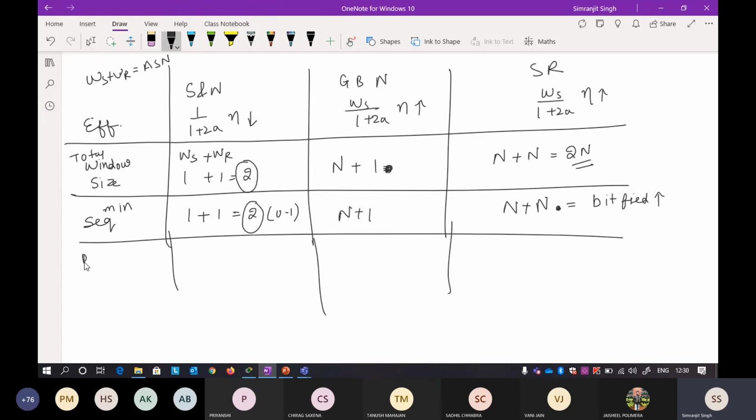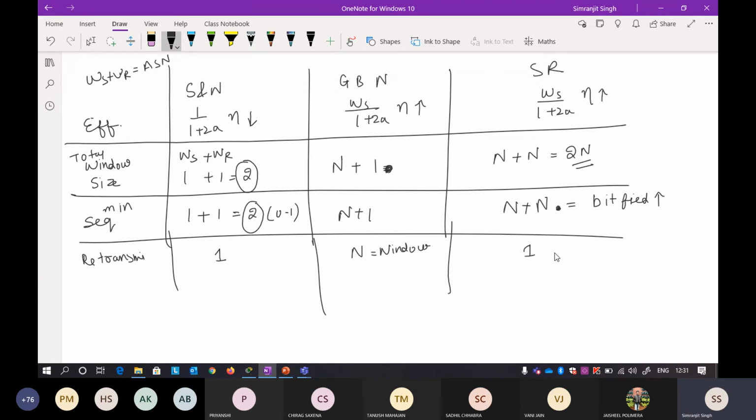Now, retransmissions. In stop and wait, if you do not get the acknowledgement, you only transmit the same packet again, so it is 1. In GBN you have to transmit the whole window. If the window size is n, the whole window will be retransmitted. In SR you only transmit 1 packet.